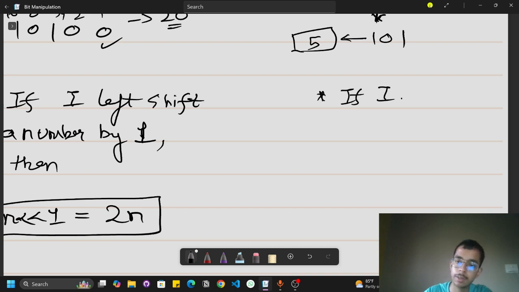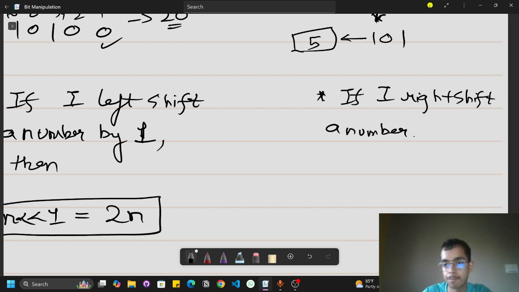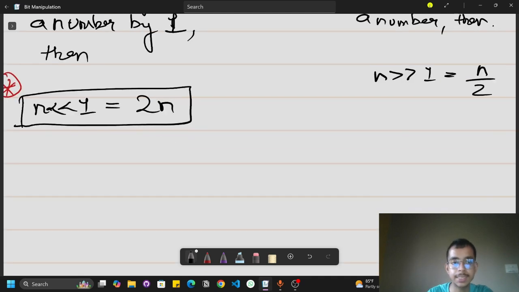If I right shift a number, then n right shift 1 will be n by 2. And you can extend it.